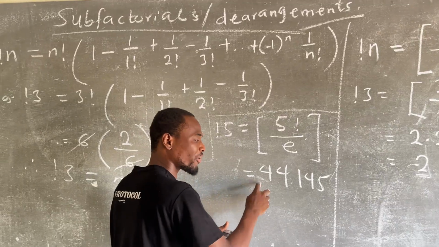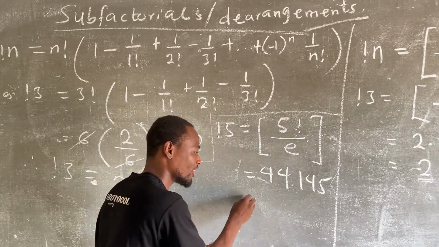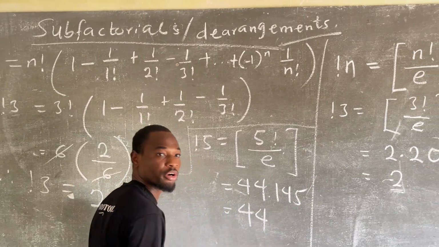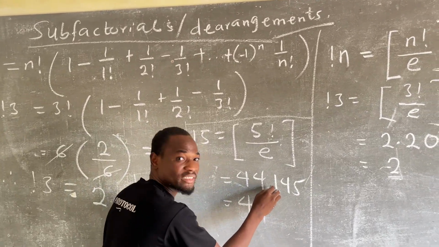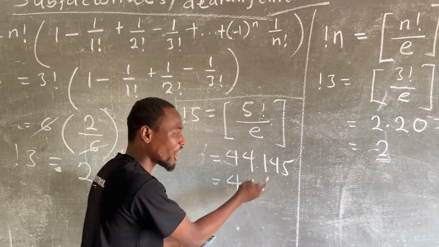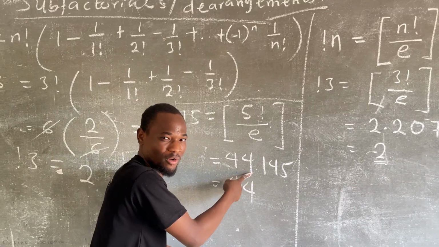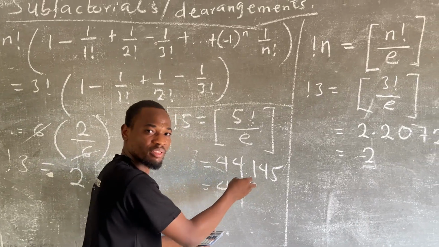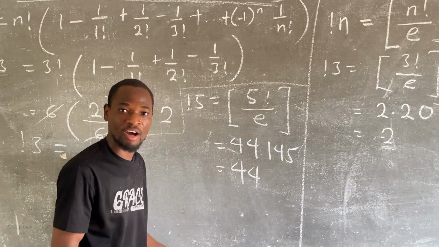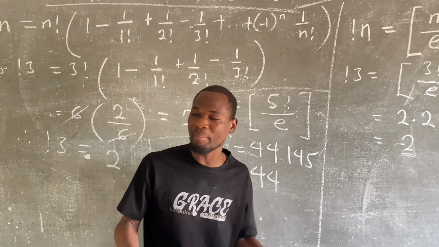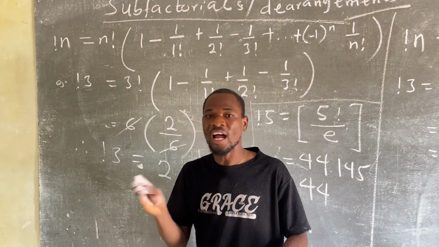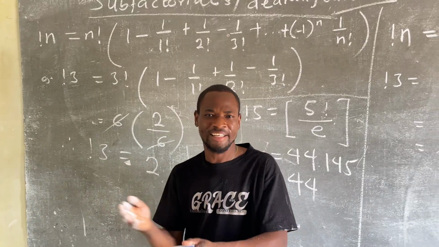So I'm rounding this to the nearest integer, and I'll have 44. Remember, the numbers after the decimal point are below 5, so I cannot add 1 to the 4. If it is below 5, I just discard this and take the whole number part as my final answer. So when you use this method, viewers, you get the answer straight away without the decimal part.